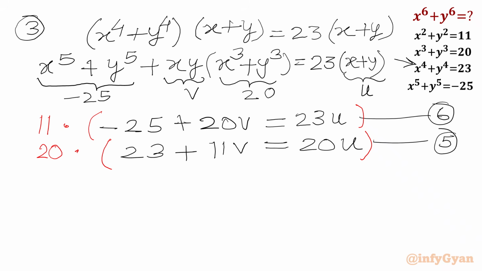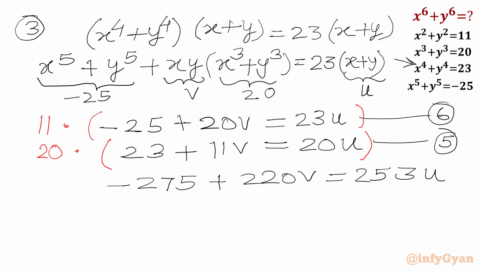Let's multiply. Minus 25 times 11, minus 275, plus 20 times 11, 220v equal to 23 times 11, 253u.